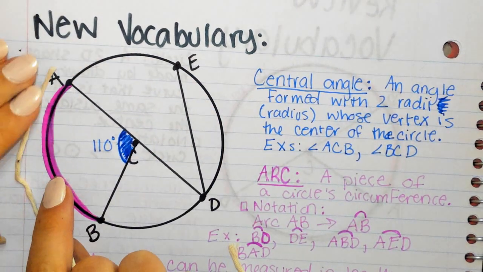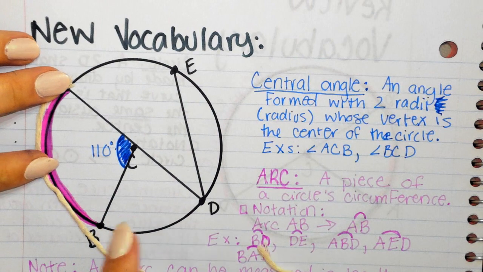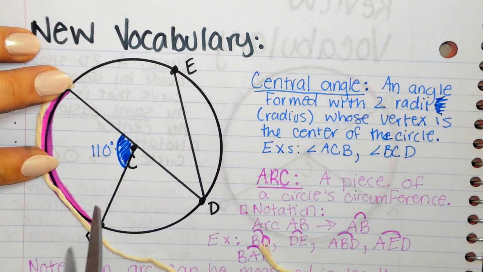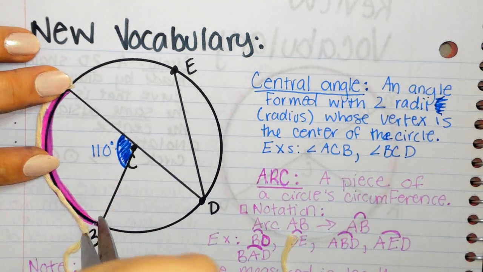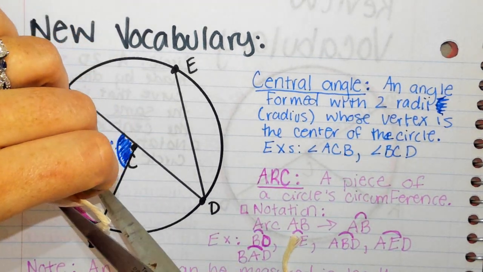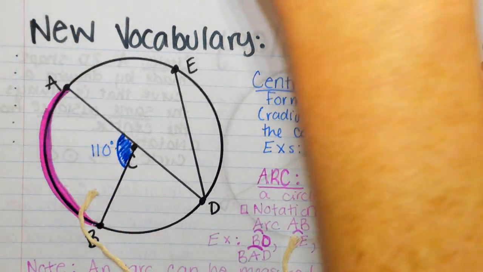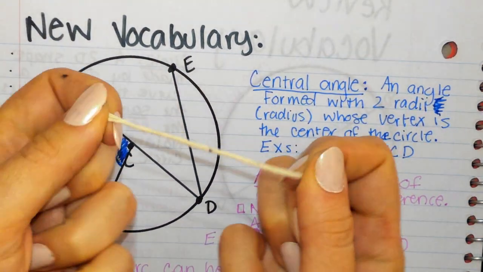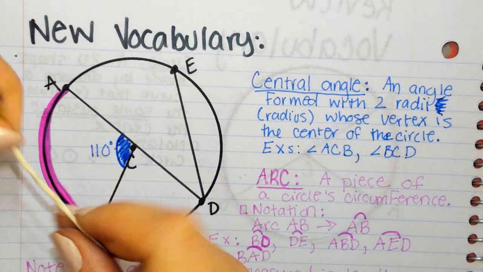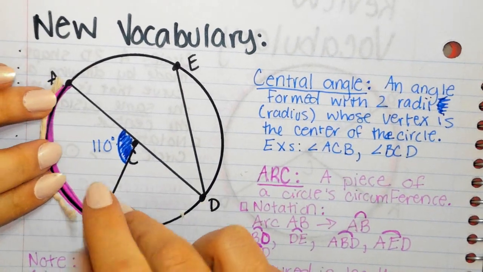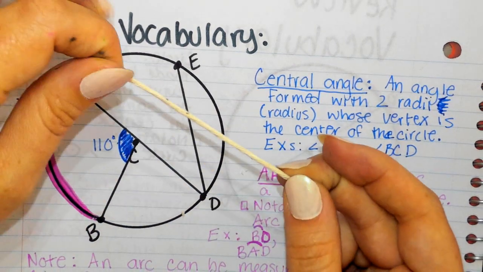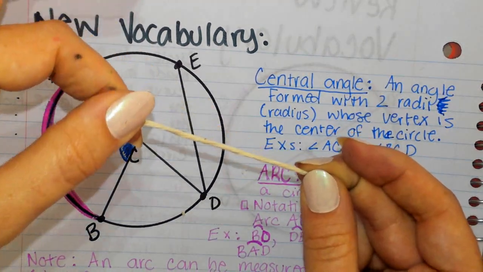Since an arc is a piece of that circle's circumference, I could cut this string nicely. If I want to talk about arcs in terms of length, I'm talking about the length of that actual piece of the circumference. If I were to take this string, cut it off, and measure the length of that string, that's my arc length.